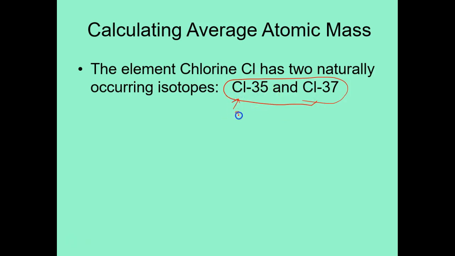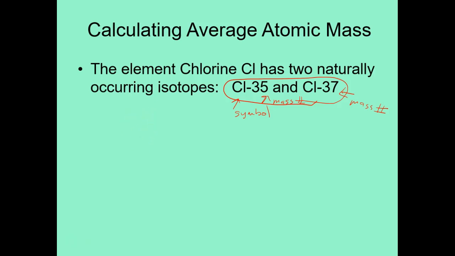This is the symbol, and this is the mass number. Right here, these are mass numbers for the isotopes. I told you we probably wouldn't see these. I was mistaken. I apologize. It's late and I wasn't really thinking clearly.